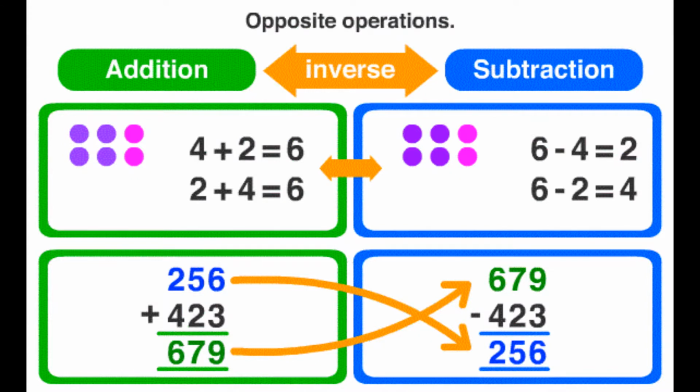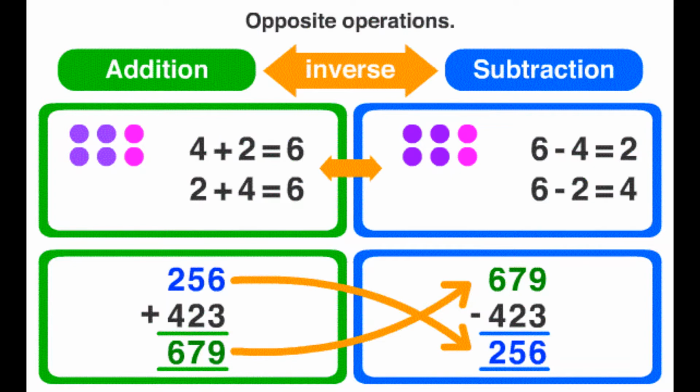So here we have addition being the inverse of subtraction. As you can see, if you take 4 lovely purple dots and add 2 pink ones, you will end up with 6. But if you take your 6 dots and subtract your 2 pink ones, you will end up back with just 4. It is the inverse, the opposite, and I have reversed the effect.